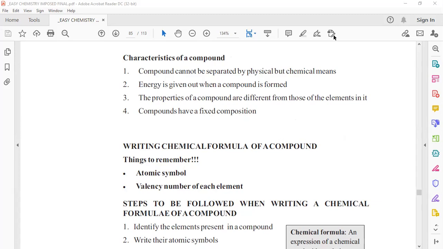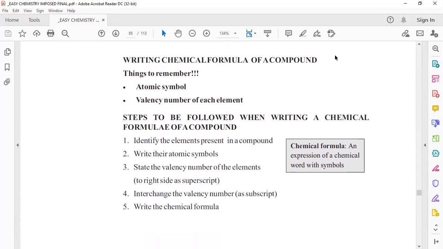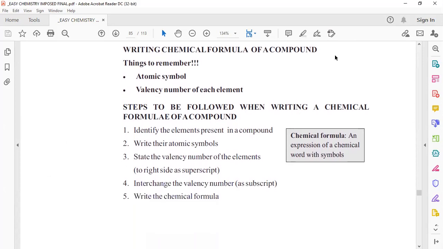The formation of a compound comes with certain rules, and this is what we are going to focus on at this point. We're going to look at how to write the chemical formula of a compound. Where is this H2O coming from?